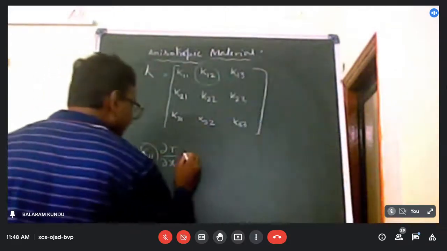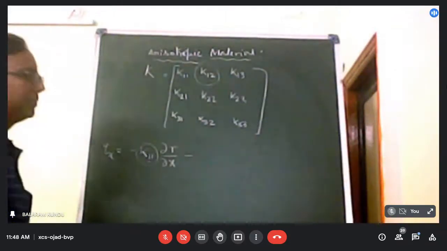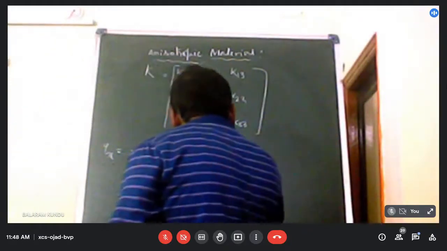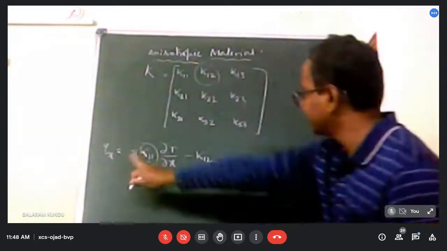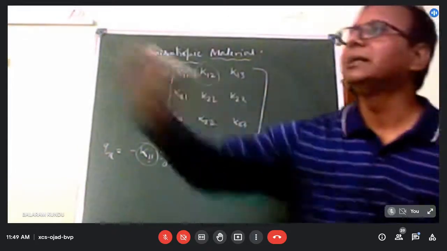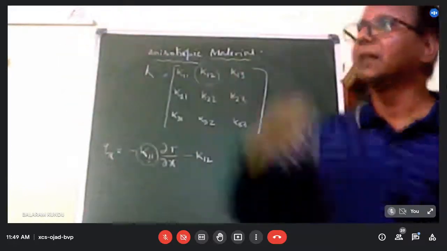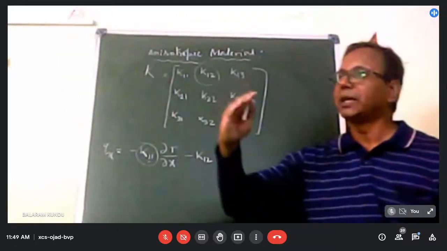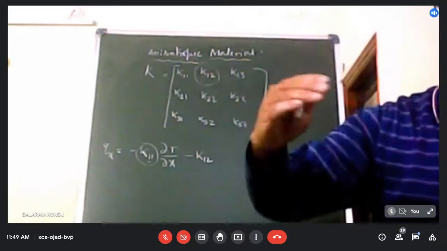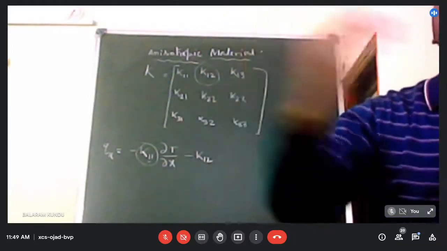It will be a negative sign again from Fourier's law of heat conduction, and K12 should be there, and 2 means here the temperature gradient in the y direction. So the temperature gradient in the y direction is responsible to conduct heat in the x direction.